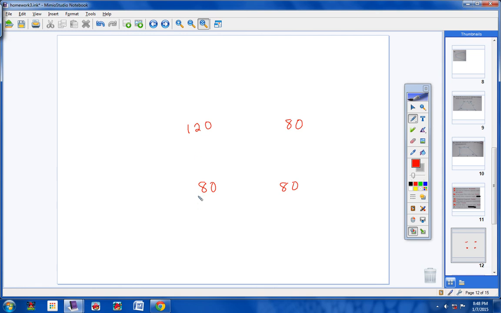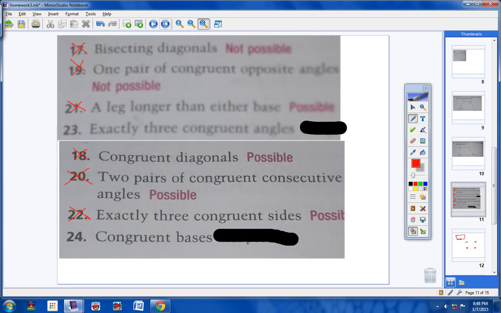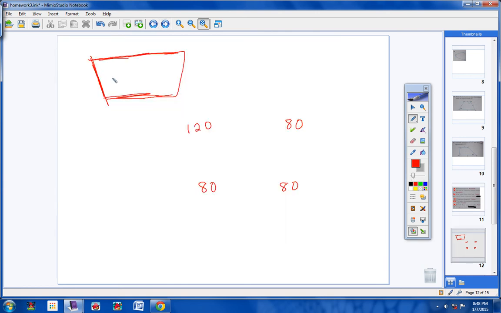Guys, please don't ever forget this. When you have a trapezoid, these two angles here have to be supplementary because you have two parallel lines being cut by a transversal. So somewhere you've got to have two angles that are supplementary, here and here.